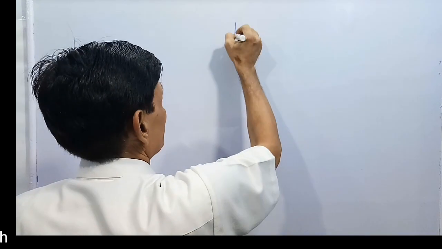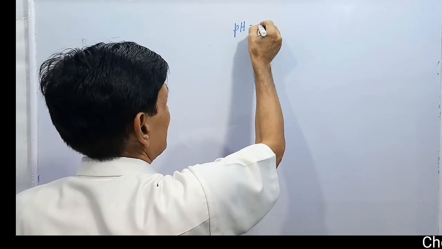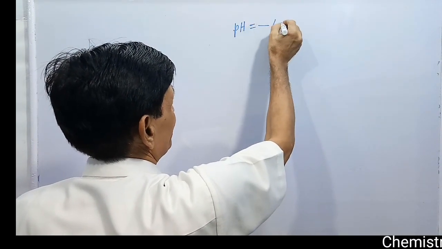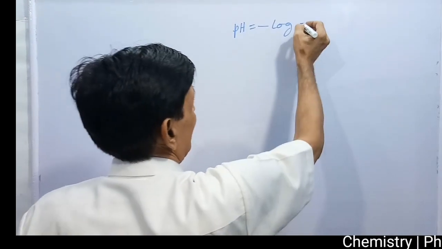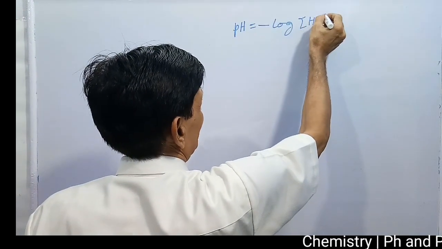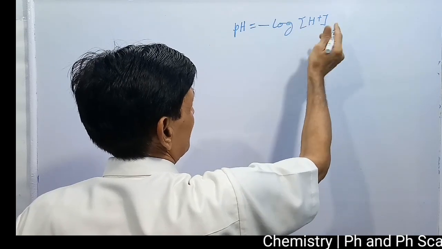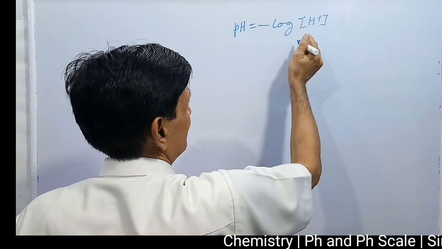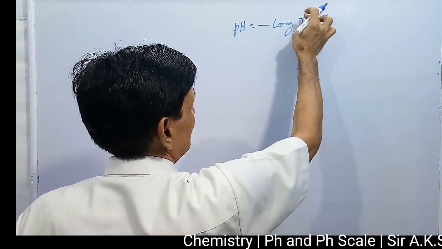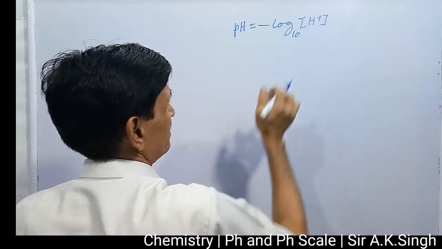Negative logarithm of molar concentration of hydrogen ion or hydronium ion to the base 10 is called pH. The square bracket represents molar concentration.